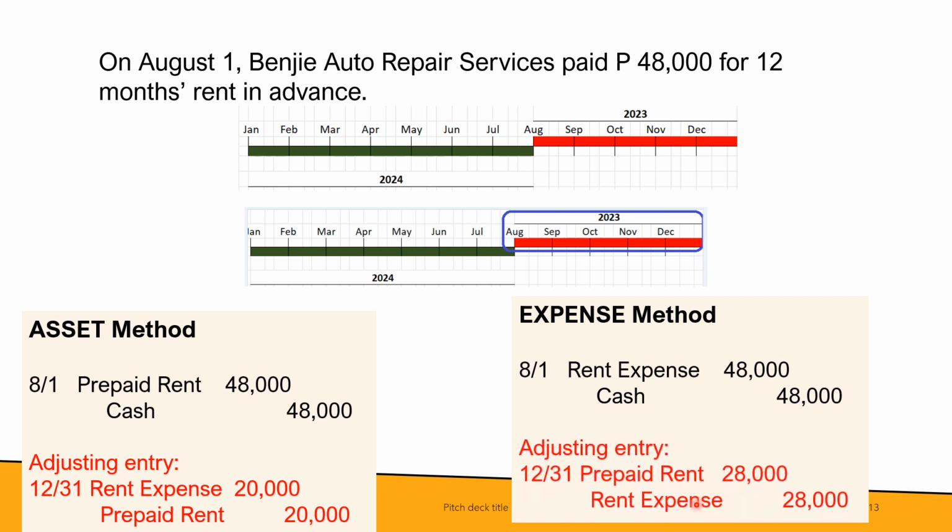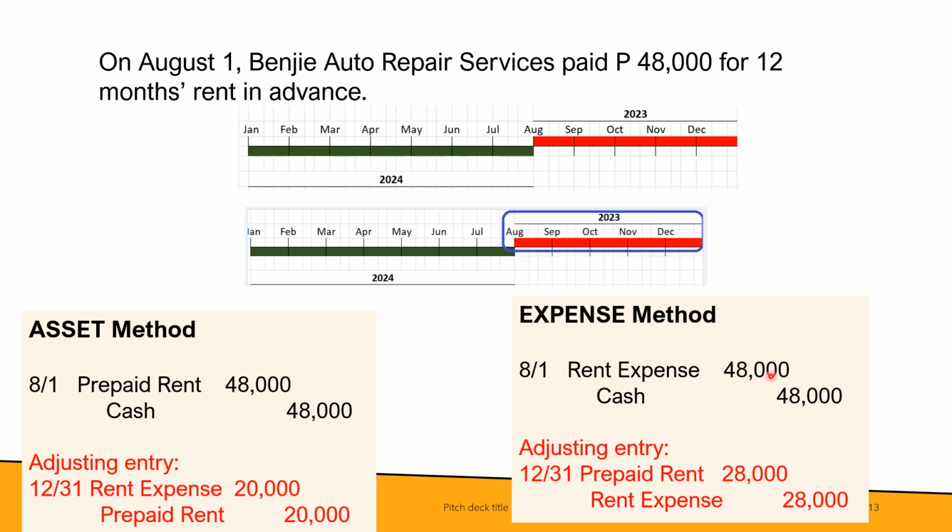Under the expense method, your adjusting entry should be debit prepaid rent 28,000 and credit rent expense. Why is that so? Your rent expense of 48,000 was overstated. Because you only need to record the 5 months equivalent of rent expense, and that is how much? That is 20,000 pesos.